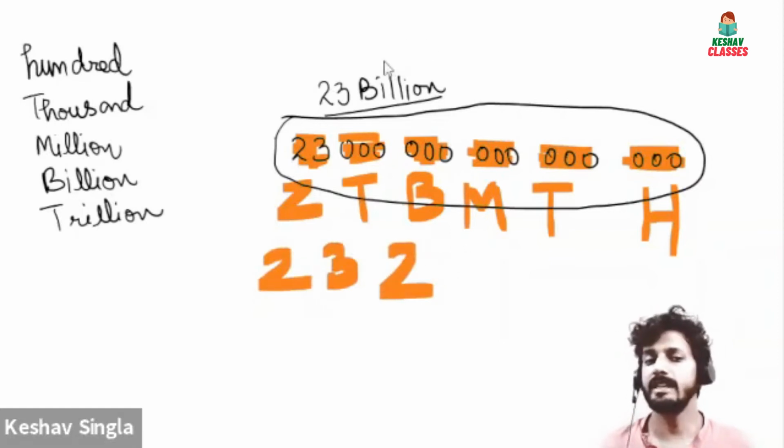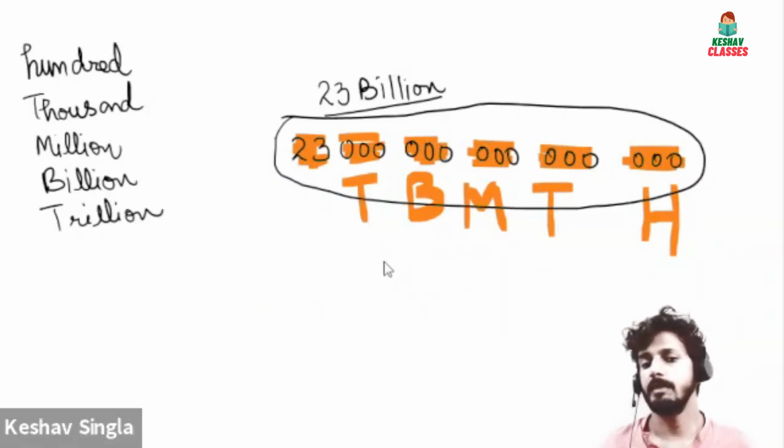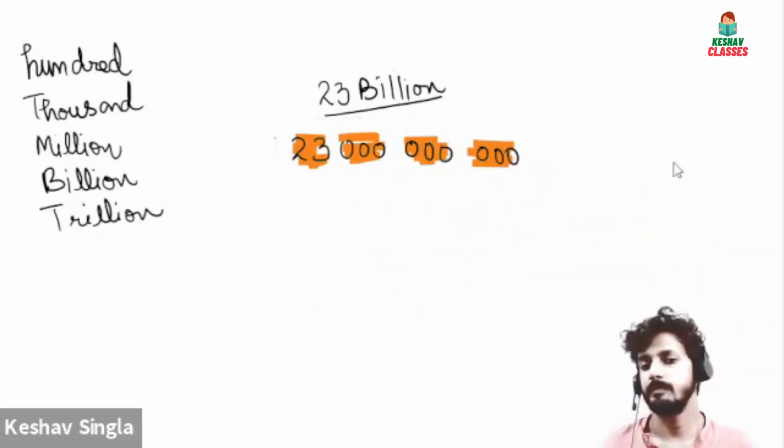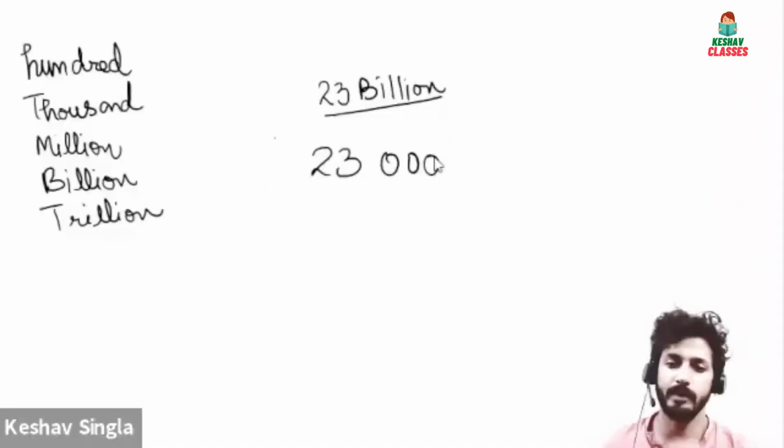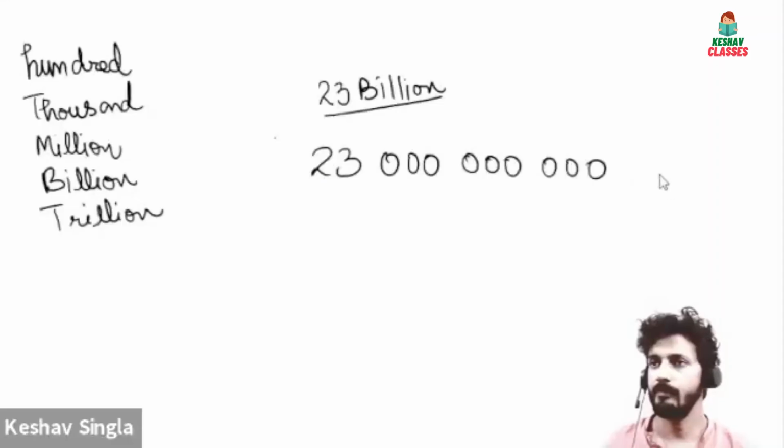I want to write 23 billion. Can you help me write 23 billion? So how can I write 23 billion? So maybe 3 zeros. Okay. Another 3 zeros. Okay. Another 3 zeros. Okay.